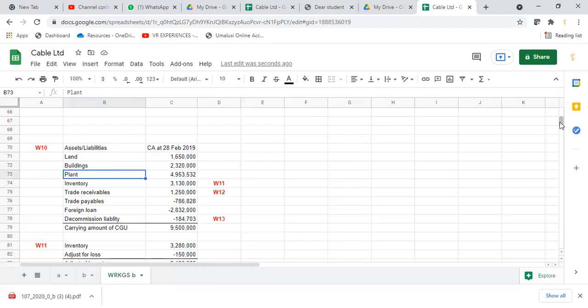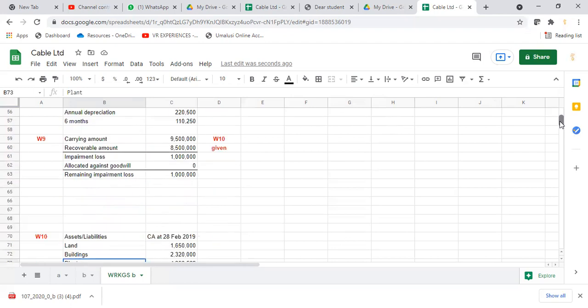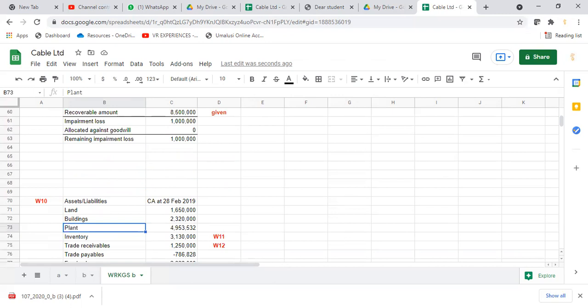Now, remember, we won't allocate against land, because for land we are using the revaluation model. It's not that you can't impair land, but land is already at its recoverable amount.